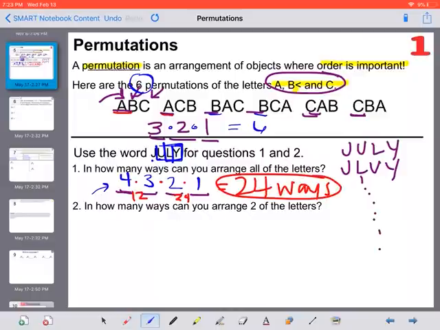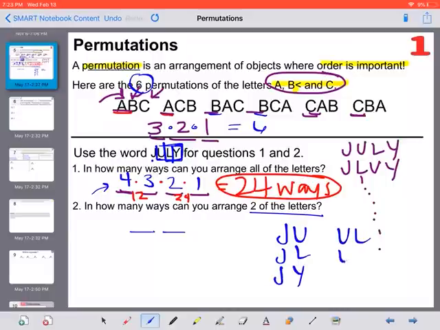Now they're asking, how many ways can you arrange only 2 of the letters? So we want 2 letters side by side. We could have J-U, J-L, J-Y, U-L, U-Y, U-J. We could keep going on and on. So right away, whatever our first spot is, we had 4 choices of what we could put there.